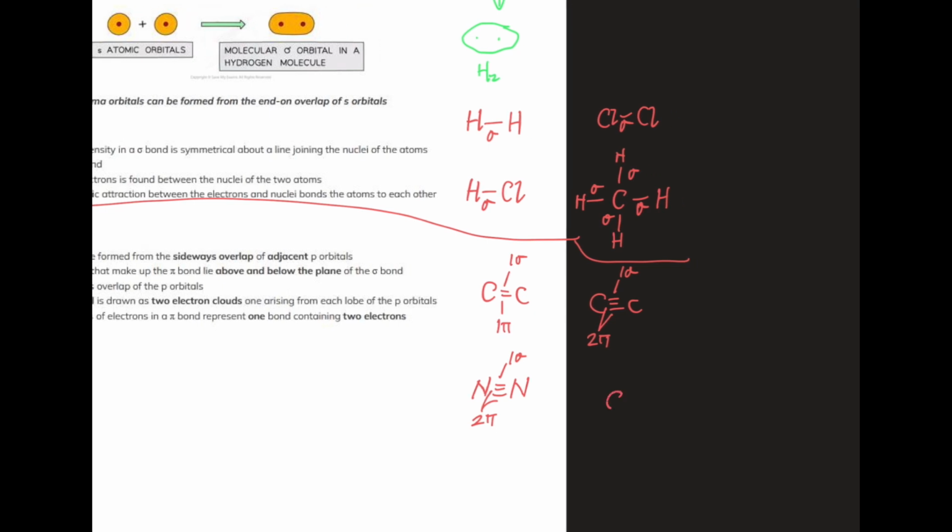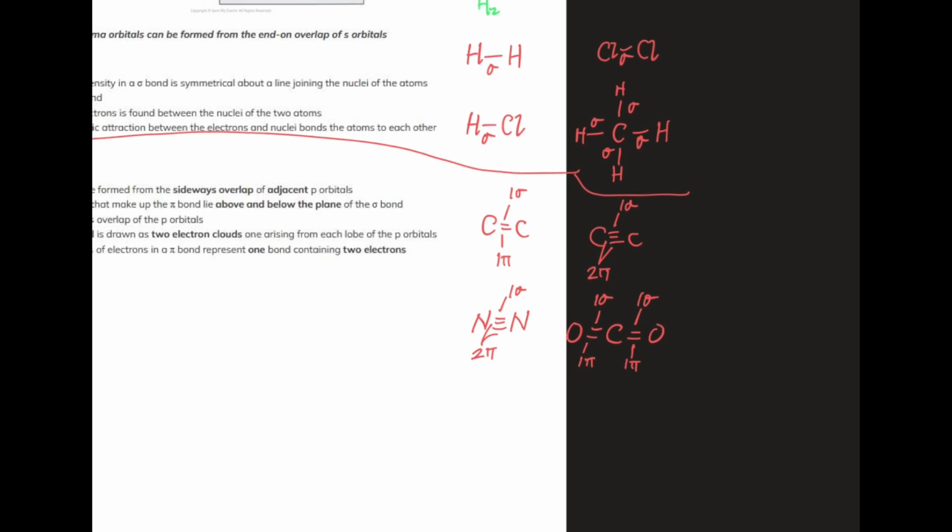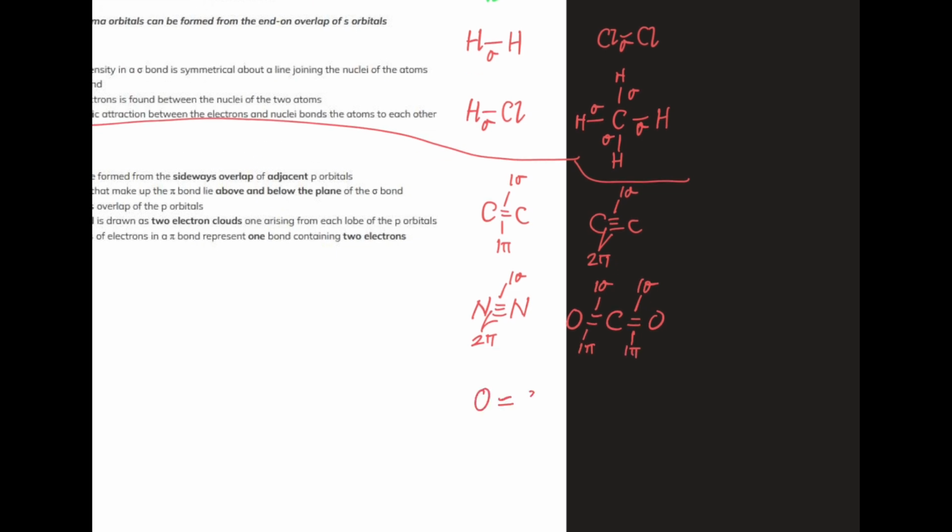So carbon dioxide, 1 sigma, 1 sigma, and then the other one pi. Oxygen, 1 sigma, and then pi.